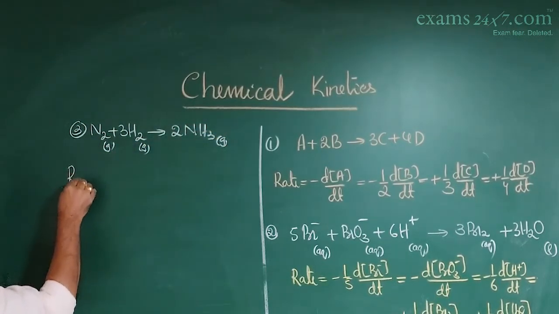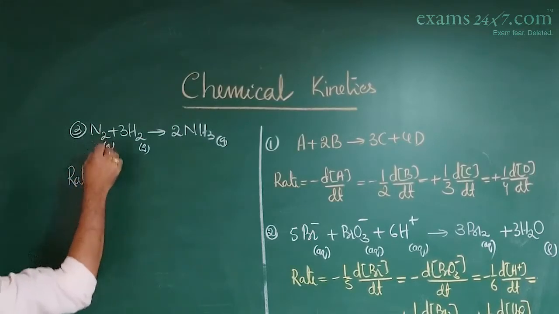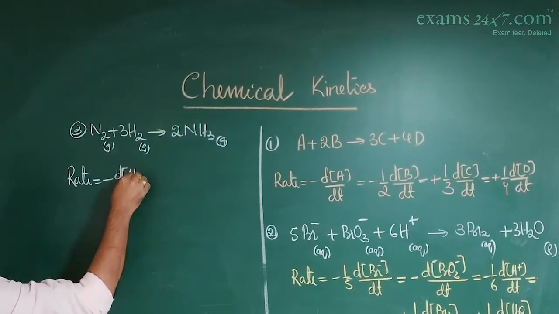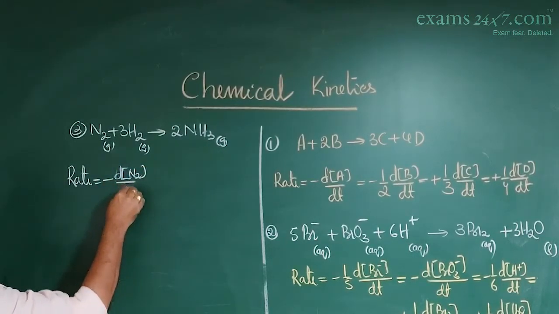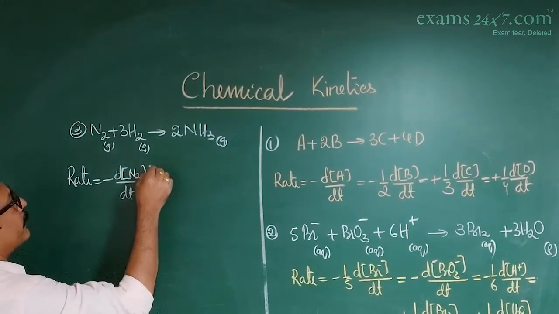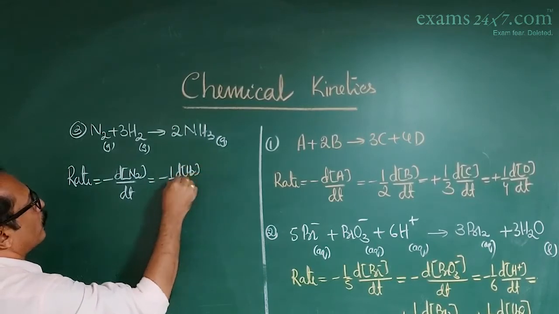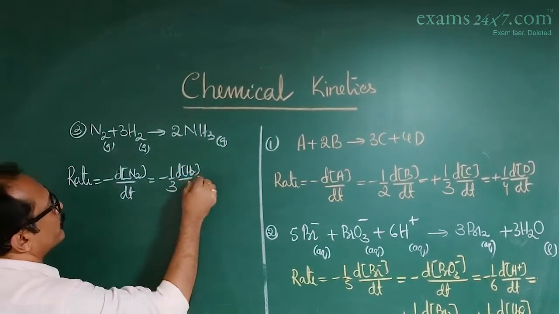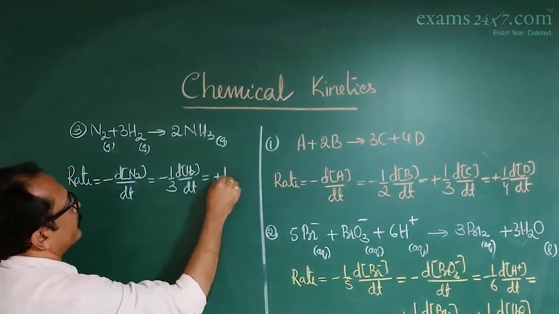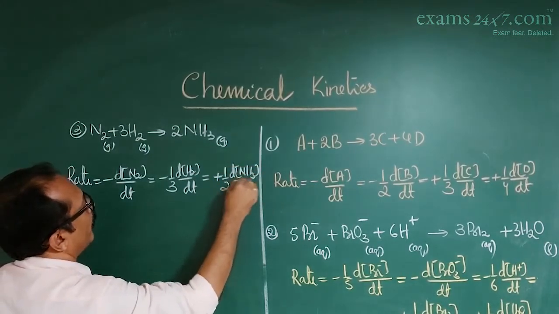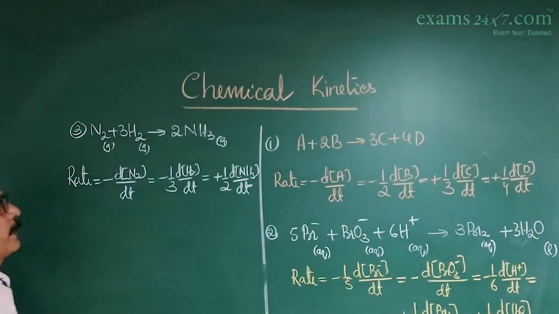So the representation of rate using reactants: nitrogen, and another reactant, hydrogen, 1 by 3 change in molar concentration of hydrogen with respect to change in time, plus 1 by 2 change in molar concentration of ammonia with respect to change in time.